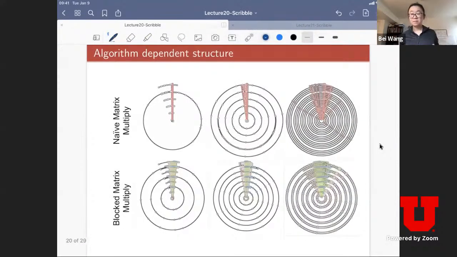So if you put them side by side, the top is a naive matrix multiplication algorithm and its memory reference trace pattern. And then the bottom is a block matrix multiplication. And you can see a very different kind of signal to it. Okay.